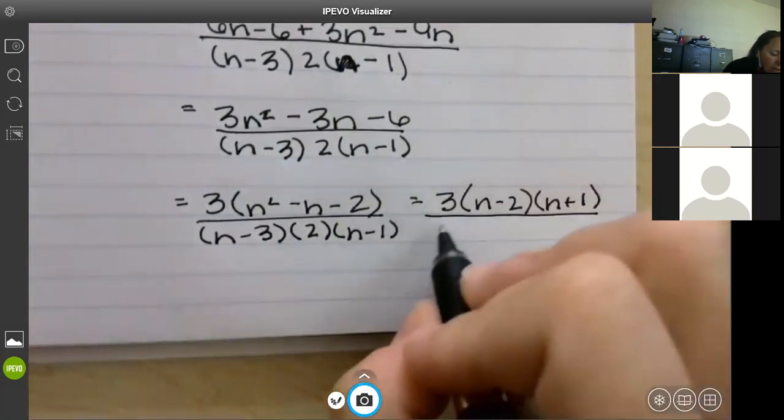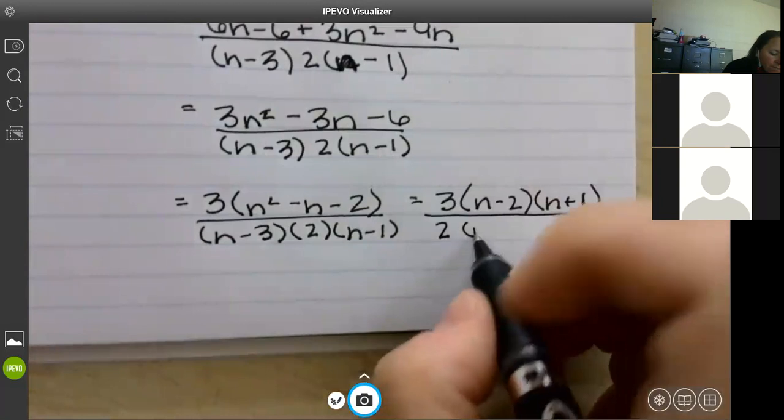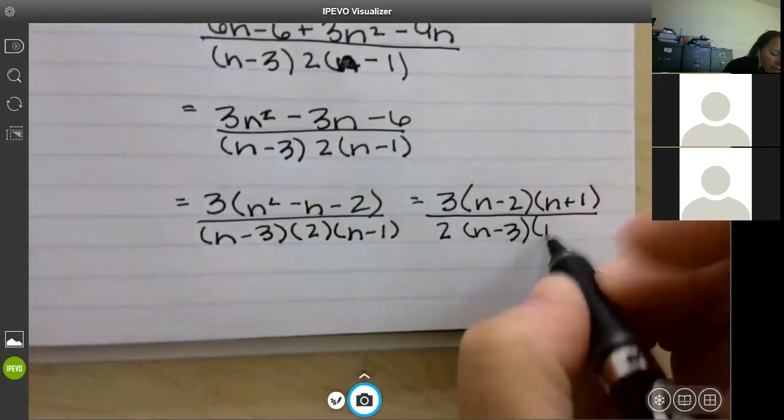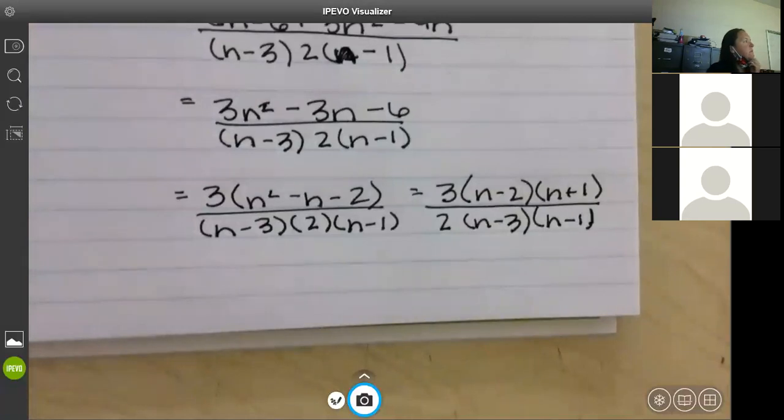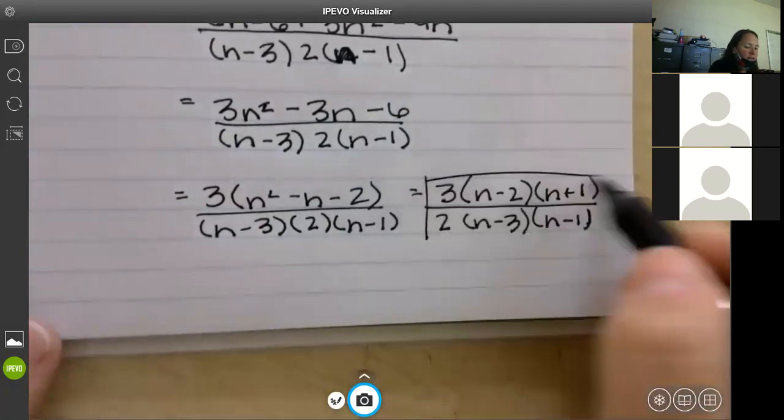On the bottom, I'm going to go ahead and put my 2 in front. n minus 3, n minus 1. Do I have anything that'll cancel out? Yes or no? Do I have anything the same on the top and the bottom? No, this is as simplified as it gets.